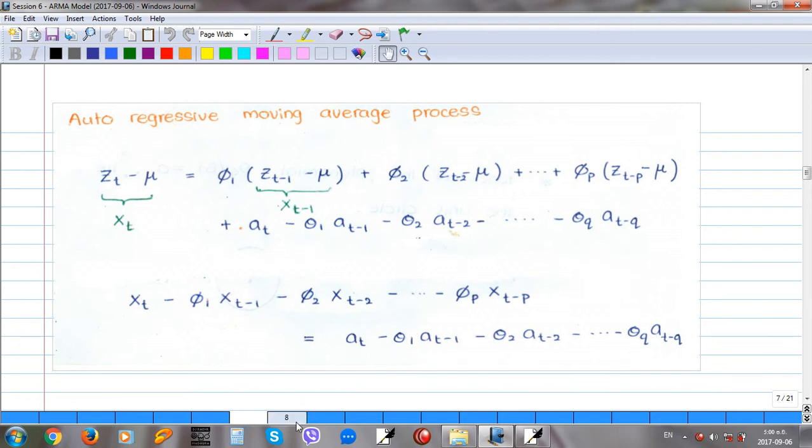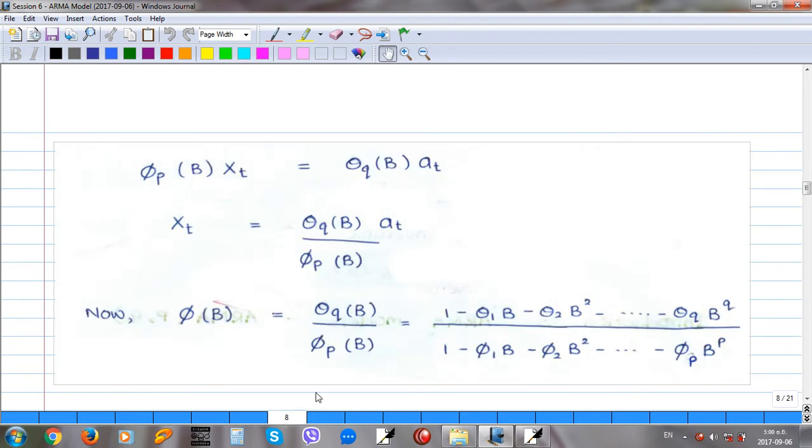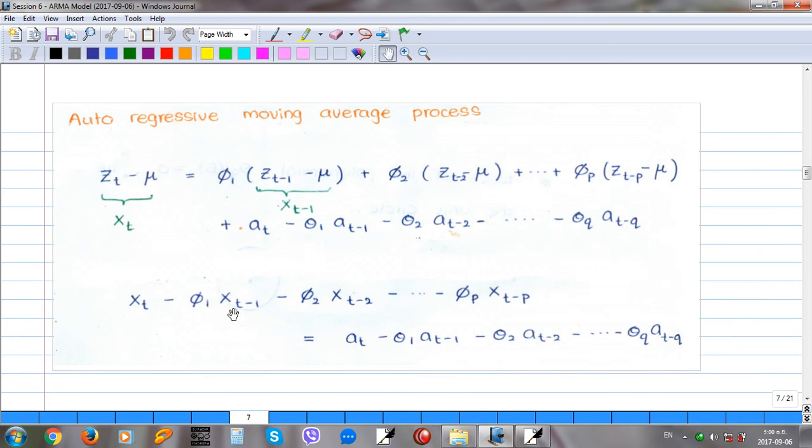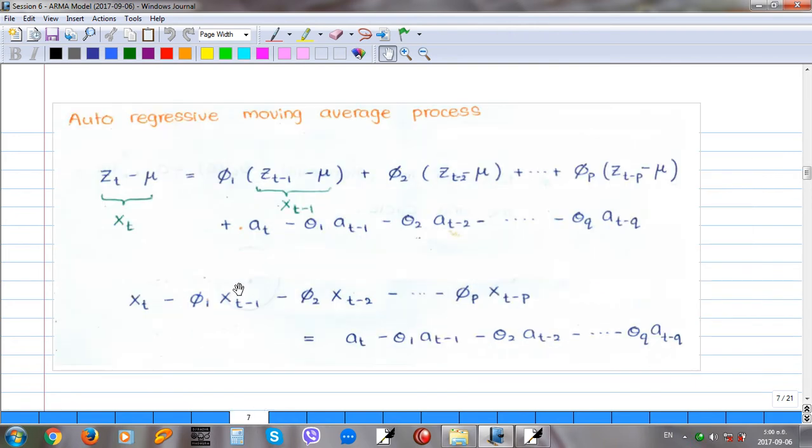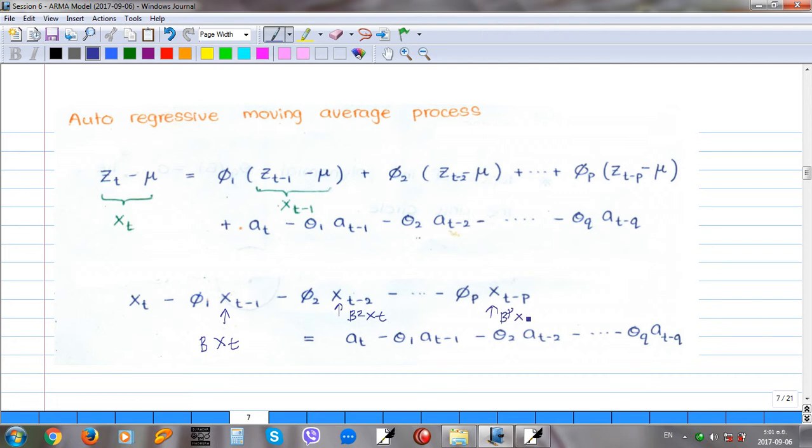Since these are the phi values, I can write phi 1 through phi p, those are constants, times B xt, then B squared xt, up to B^p xt.